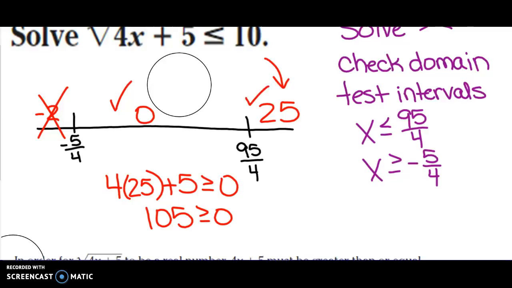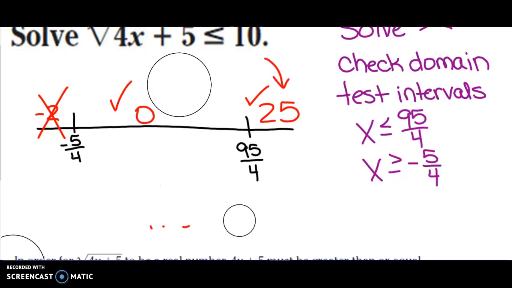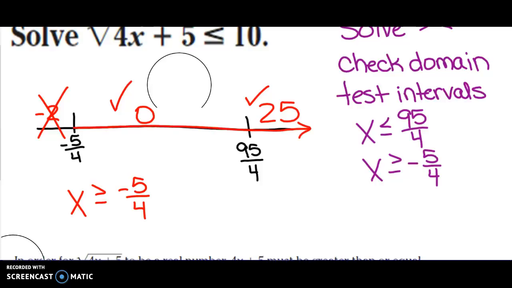So when I thought my answer was right, because of the inequalities, some things get a little bit mixed up. You've got to remember to account for some positive and negative things happening. So our answer is going to be x is greater than or equal to negative 5 over 4. And that's about all you need, because it's just going to keep going and going and going.